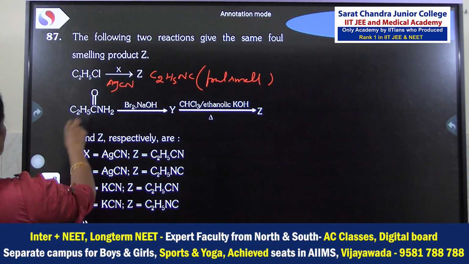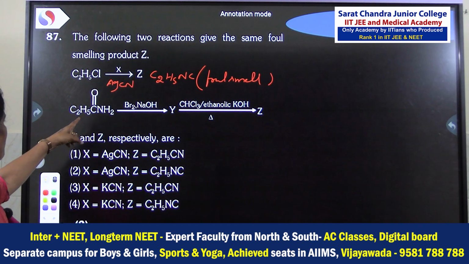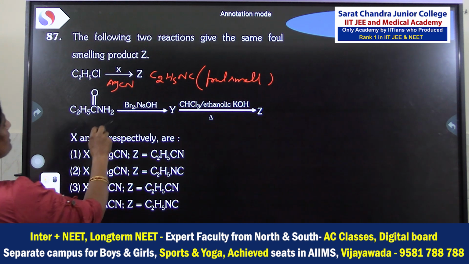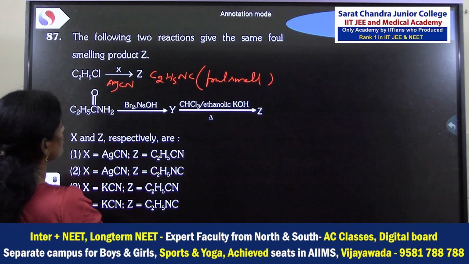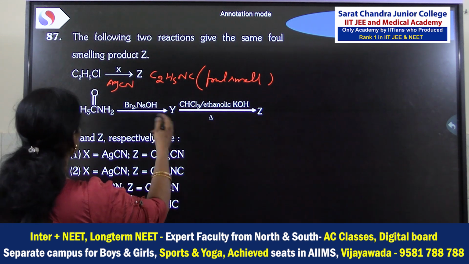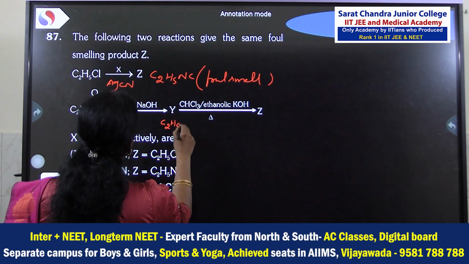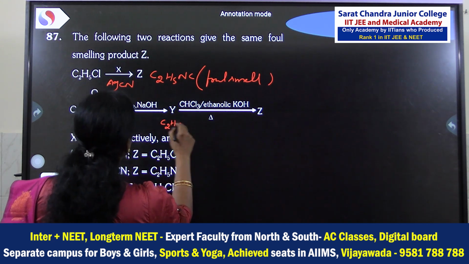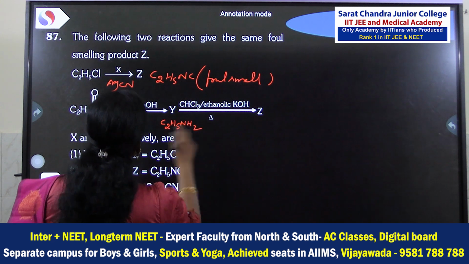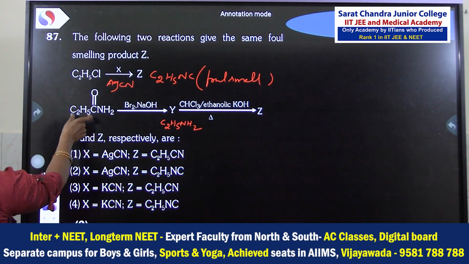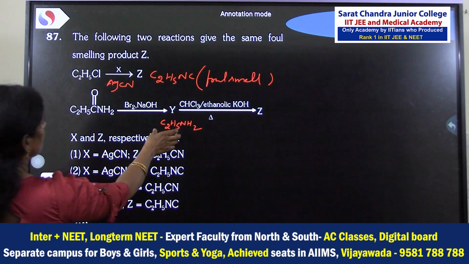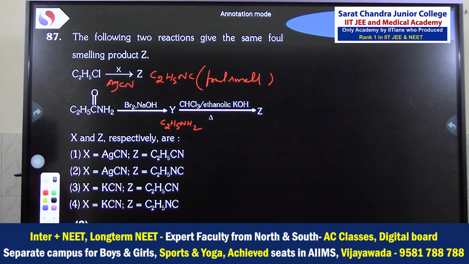And next, the amide. It is a primary amide. When both aliphatic and aromatic primary amides are treated with bromine and NaOH, that gives a primary amine. The amine formed contains one carbon atom less than that of the amide. So in the amide there are 3 carbon atoms, but in the amine only 2 carbon atoms are present. This reaction is the Hoffmann bromamide degradation reaction.